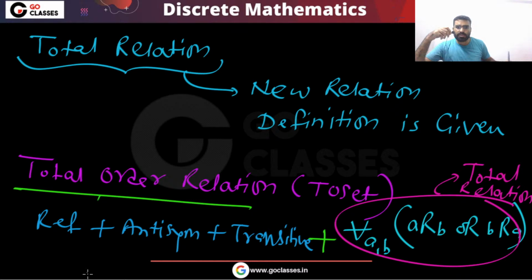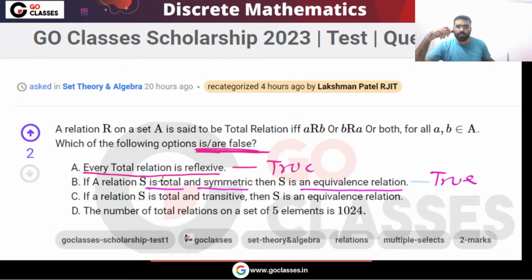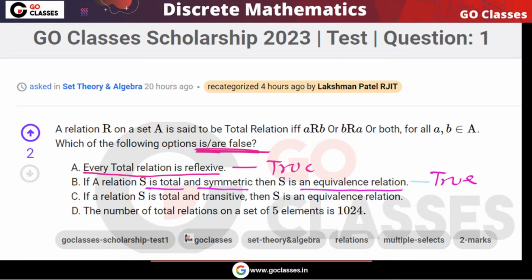Okay, so don't confuse. In the question, the definition is given to you. In the GATE exam, they will ask you this type of questions. The definition is given to you in the question. So don't confuse this total relation with the total order relation. Is the difference clear? Total order relation means partial order plus every two elements must be comparable. So I can say partial order plus total relation.